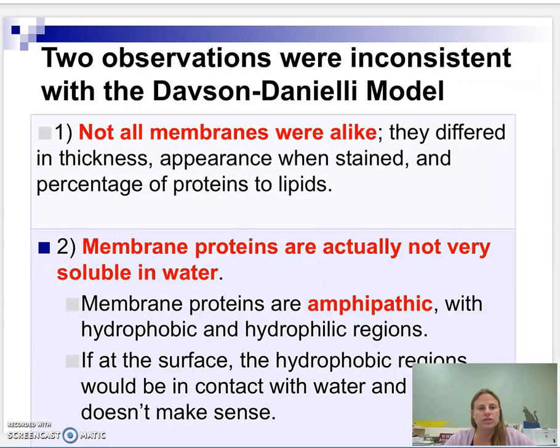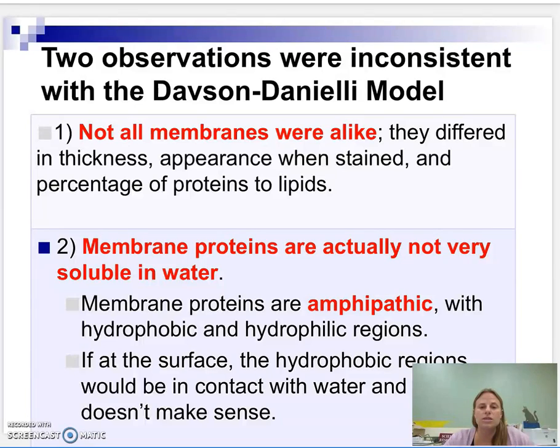However, 2 observations that were made were not consistent with the Davson-Danielli model, which was, first of all, not all membranes were alike. They differed in thickness, they differed in their appearance when they stained, and there was a different percentage or ratio of proteins to lipids in each different membrane.